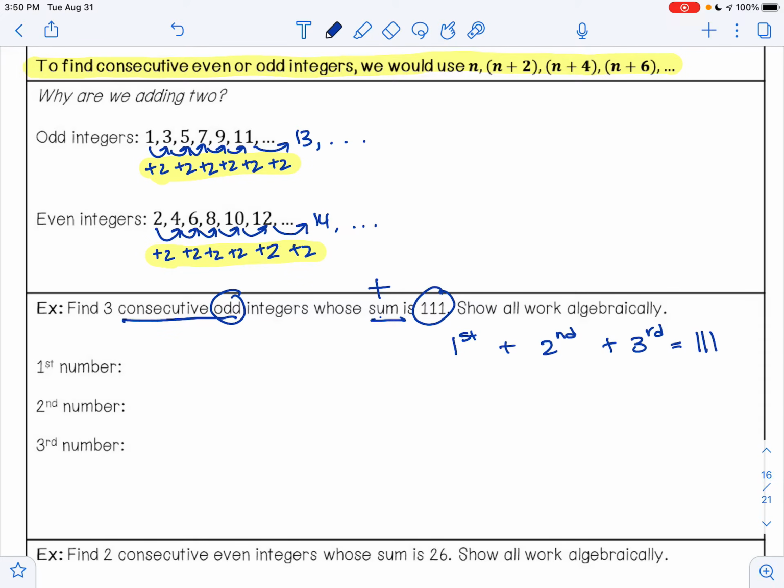I don't know what the first number is, so I'm going to call that n. Plus, I know my second number is the next odd integer, so that will be represented by n plus 2. Plus, my third number is the next odd integer after that, so that's represented by n plus 4.